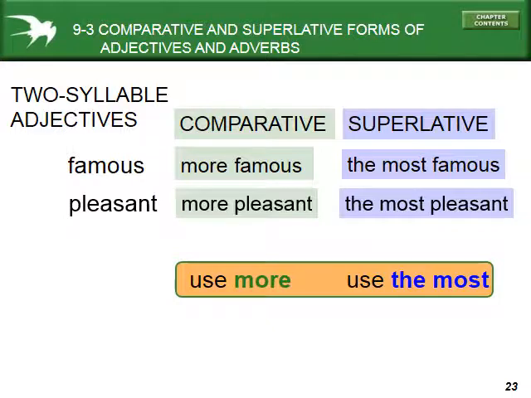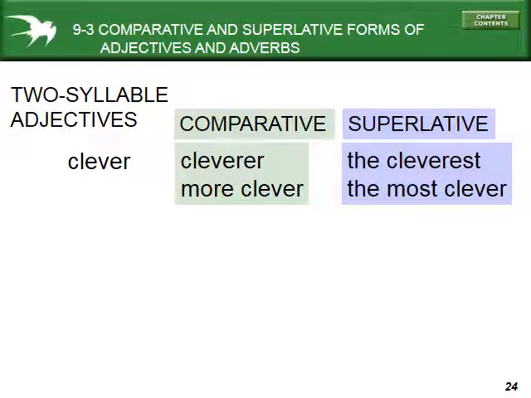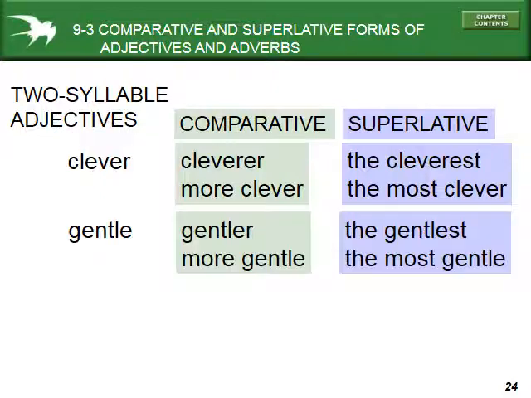However, there's some exceptions, so let's look at that. So there's some two-syllable adjectives that can actually be used with either the ER or the more, and either the EST or the most. So we can say clever, cleverer, the cleverest, more clever, the most clever, gentle, gentler, gentlest, more gentle, most gentle.